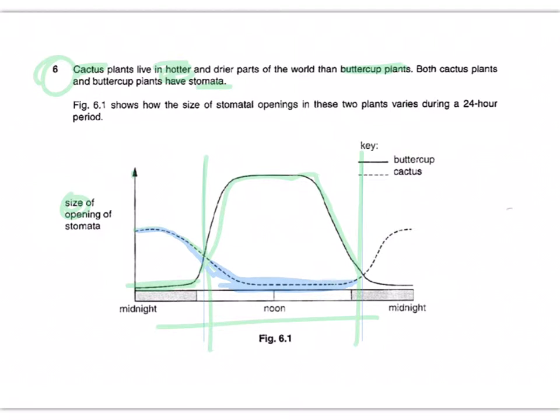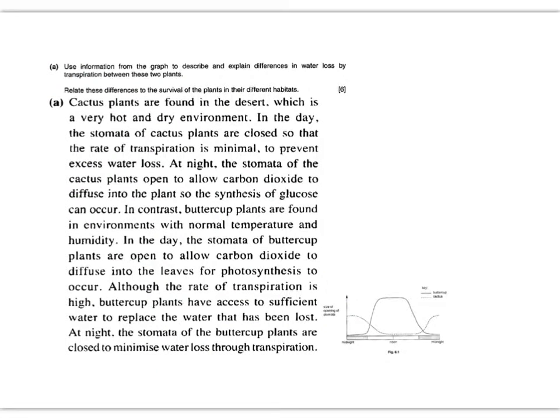Then the last part, where buttercup goes low again, the cactus size of stomata opening also increases. Now just compare the midnight, the day part, and then the noon part. So there are 3 portions to compare. Then give the reason. I always describe the graph first.